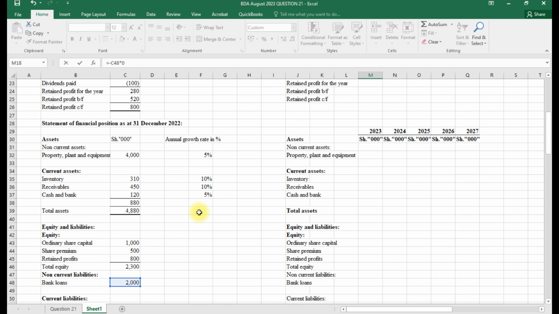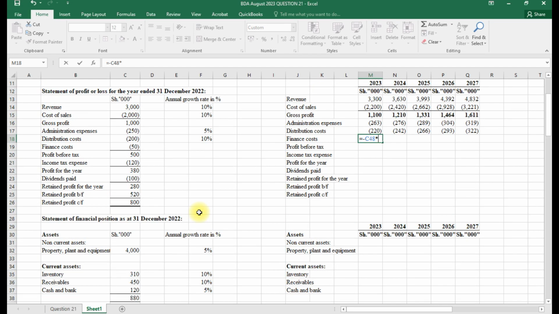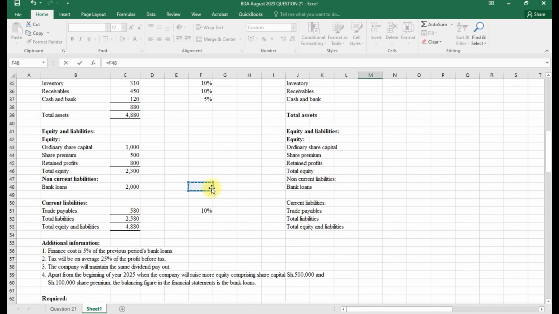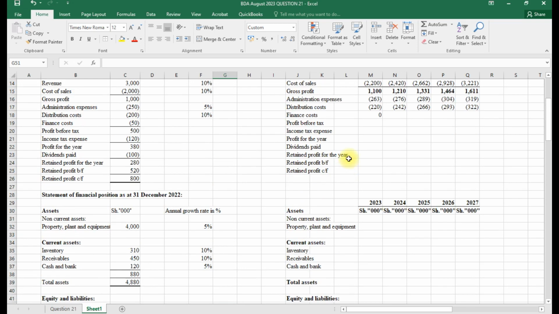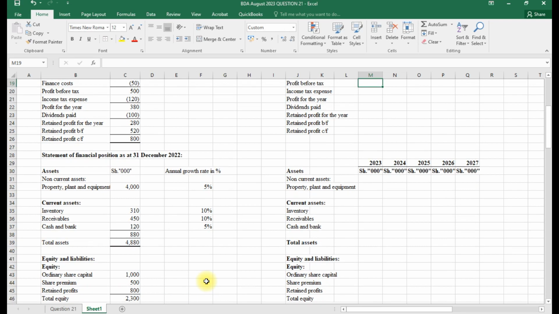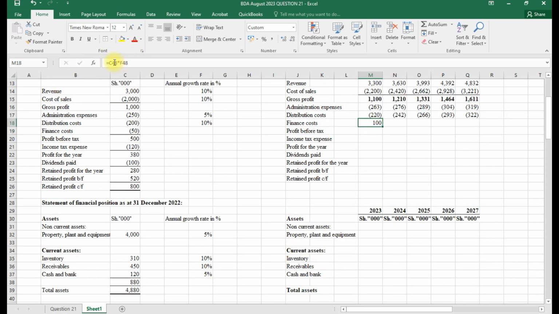Here it's not growing, but the rate is 5%. So here I put equals 5% as percentage, that way, so that here we shall have finance cost of this multiplied by this 5%, which will be 100, and I put a negative sign, finance cost of 100.